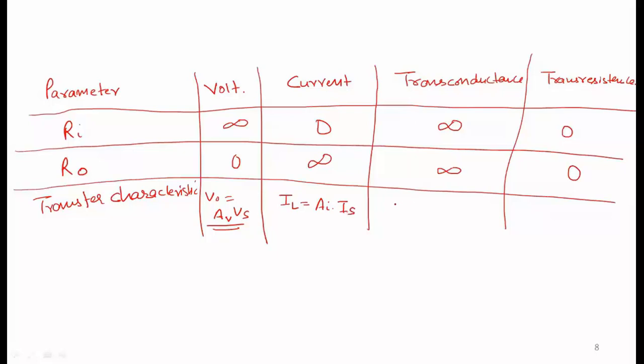For the transconductance amplifier, we have output current IL equal to Gm into Vi, and for the transresistance amplifier, we have the output voltage equal to Rm into Is. So in this way, we can summarize our parameters for different amplifiers.